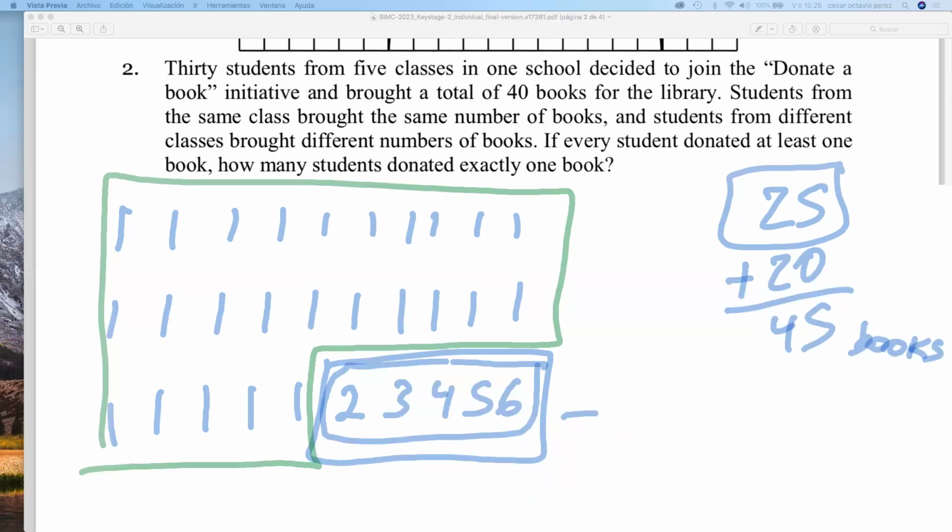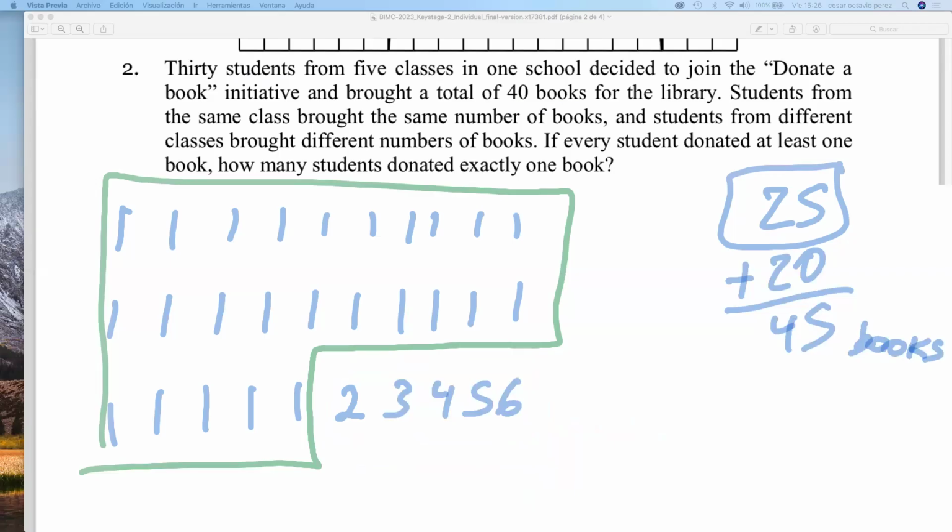Give me your idea. You understand that if we make this, we will have 45 books. In this case, we have 45 books and 30 students. But if we use a number greater than 6, for example, we now have 46 books.